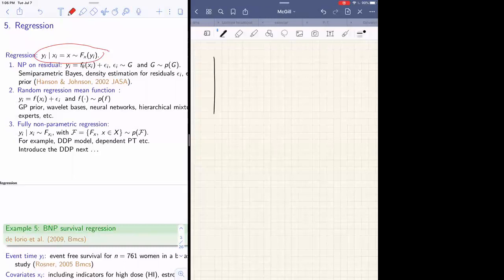Consider the following situation. Here we have a covariate, say with 3 different levels. For example, these could be the 8 different combinations of covariates of the women on the title slide. Here's the outcome, for example, overall survival. And for each value of X, we have a different distribution of the outcome.